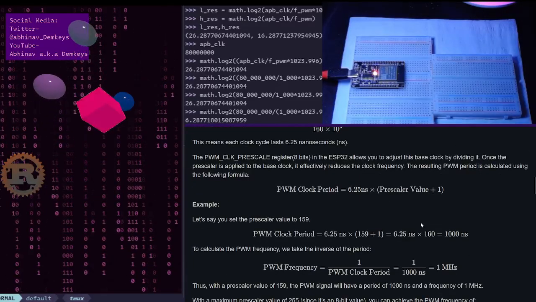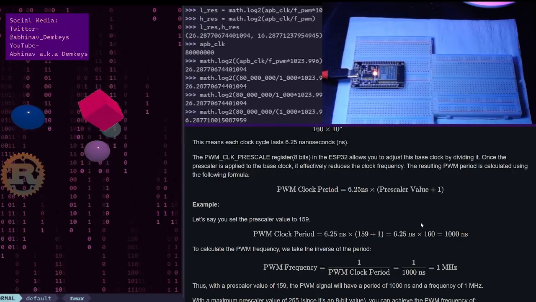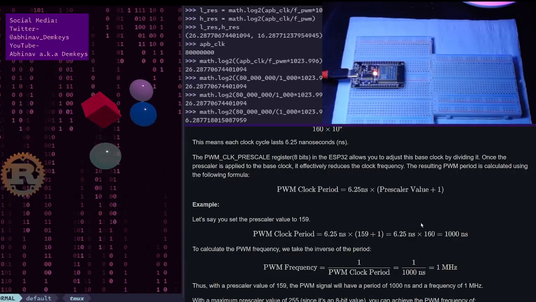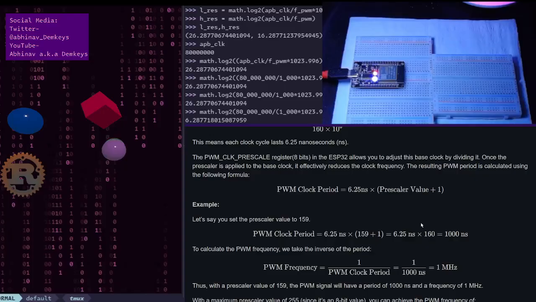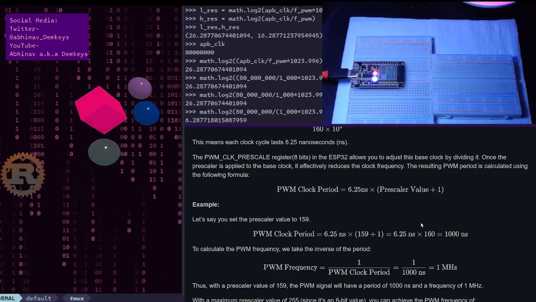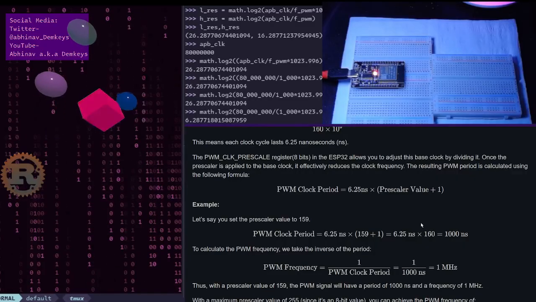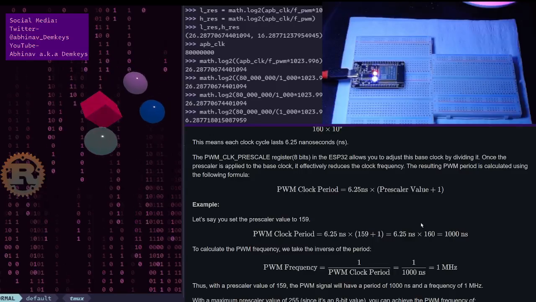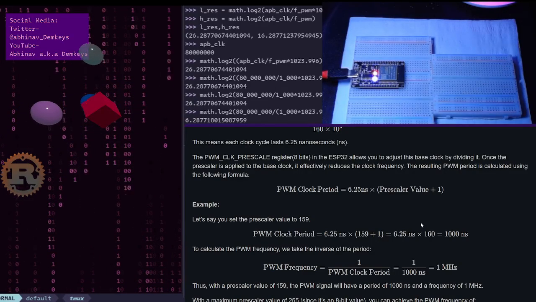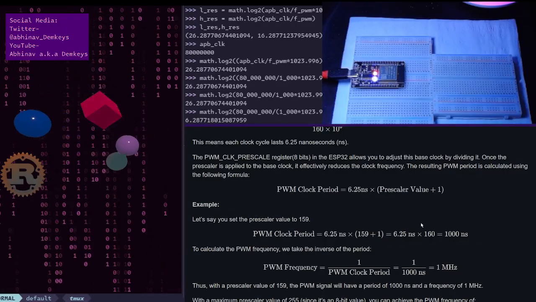Okay, the PWM clock prescale register, 8 bits in the ESP32, allows you to adjust this base clock by dividing it. Once the prescaler is applied to the base clock, it effectively reduces the clock frequency, and the resulting PWM period is calculated using the following formula: PWM clock period multiplied by prescaler value plus 1.